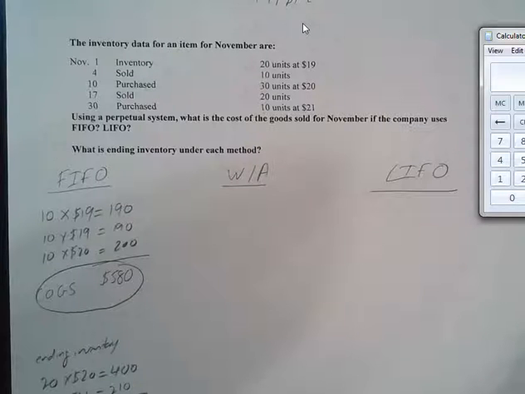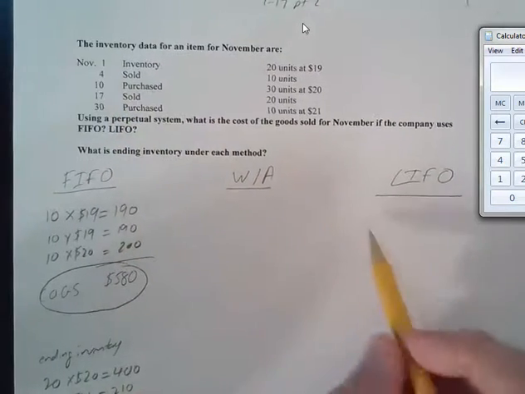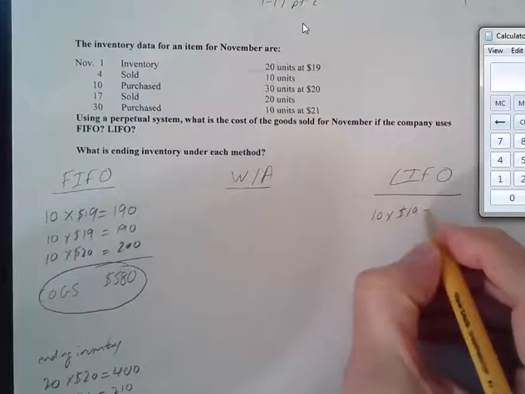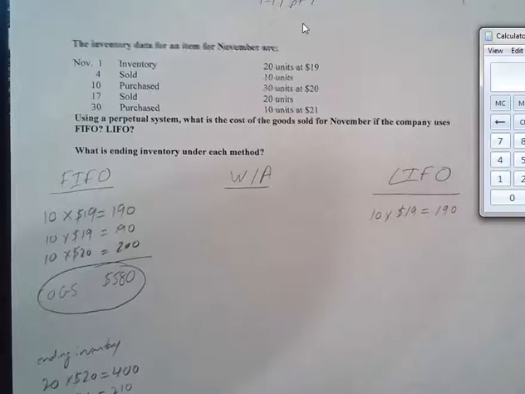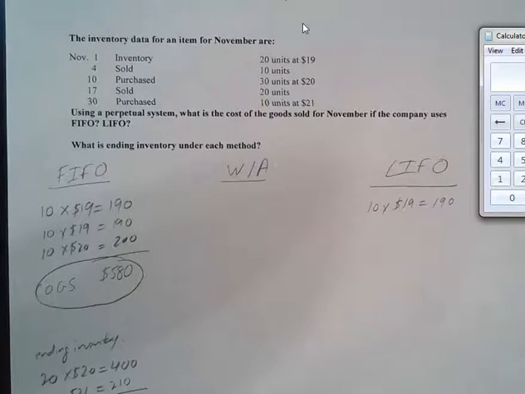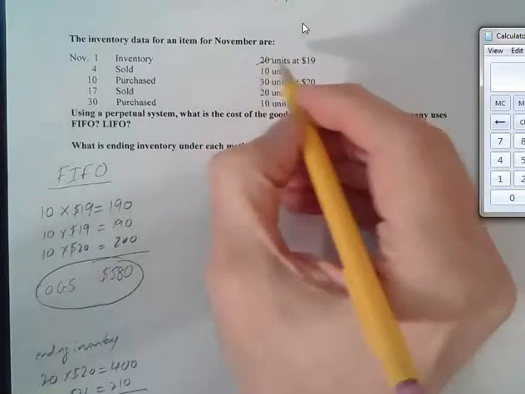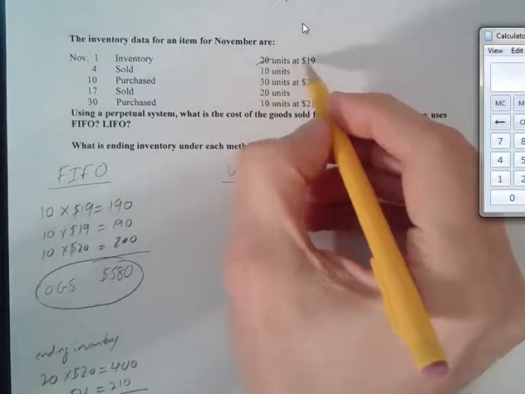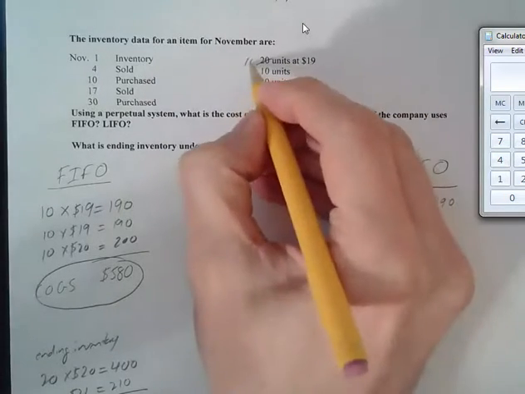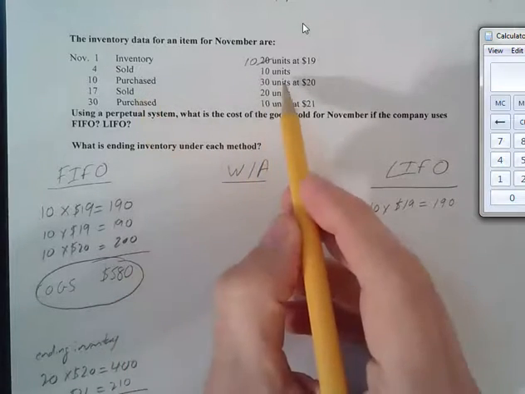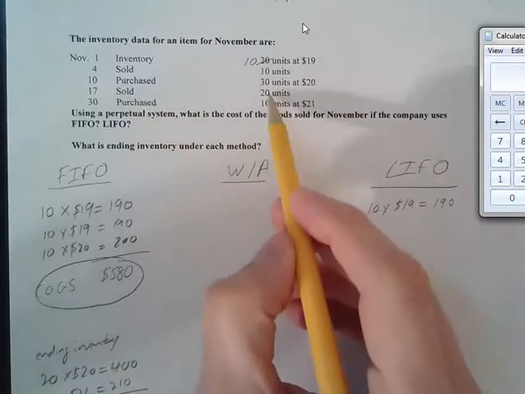Okay? So the first thing is to determine cost of goods sold. Well, we still have a sale on November the 4th, and so our first transaction is going to look exactly the same as it did under FIFO. So we sold 10 units from the most recent purchase, which is our beginning inventory at $19 a piece. So that gives us 10 units left. Then we made a purchase here of 30 units, and then we sold 20 units.